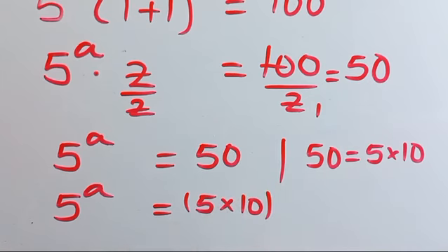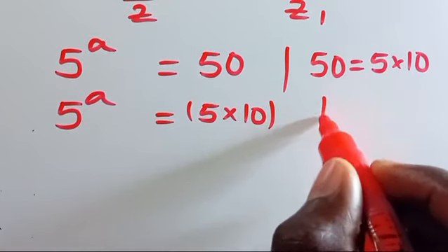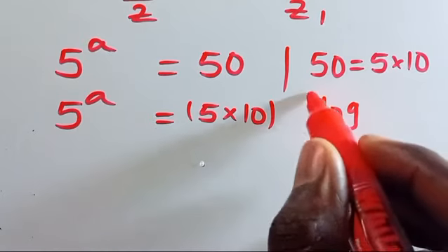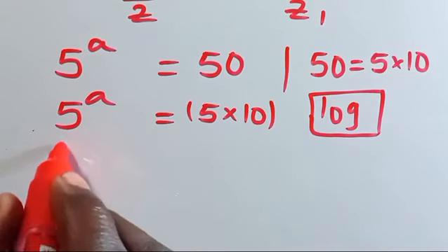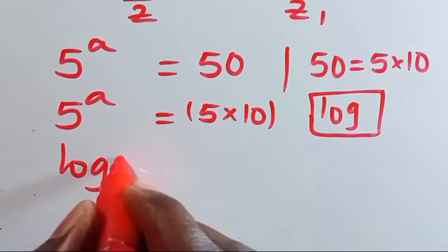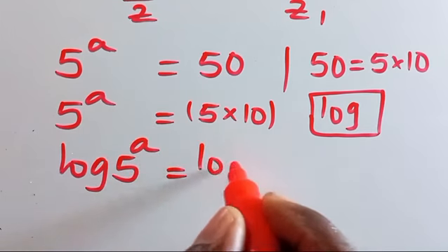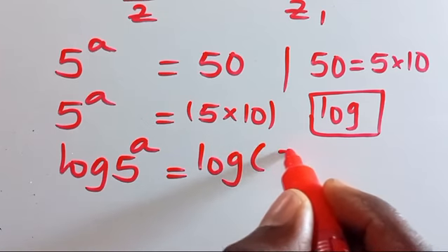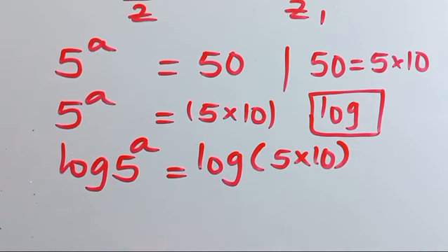But let's put them in parentheses as this. So having known that, let's introduce something we call log to both sides of this expression. So from here we have log 5 to the power of a equals log, open parenthesis, 5 times 10.